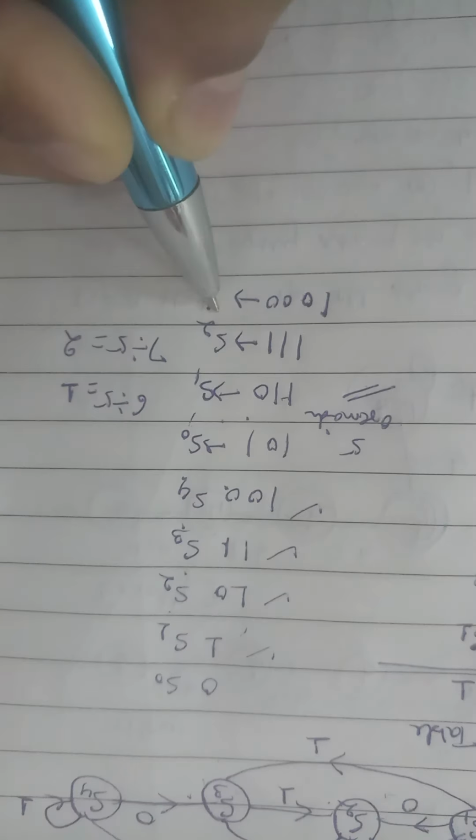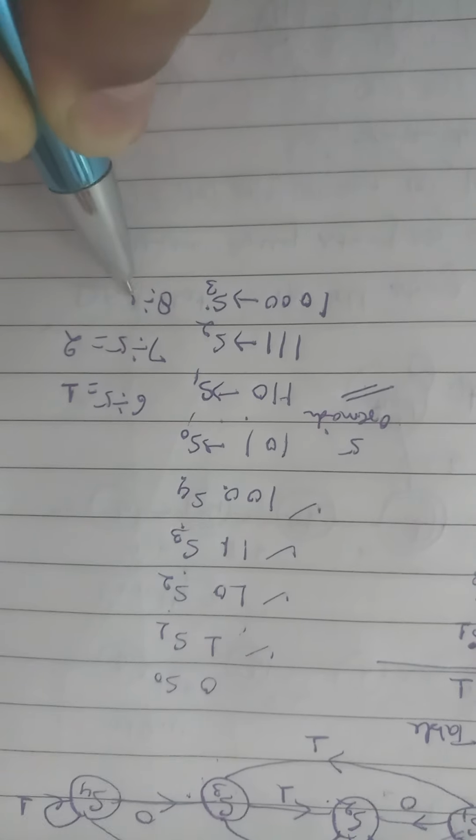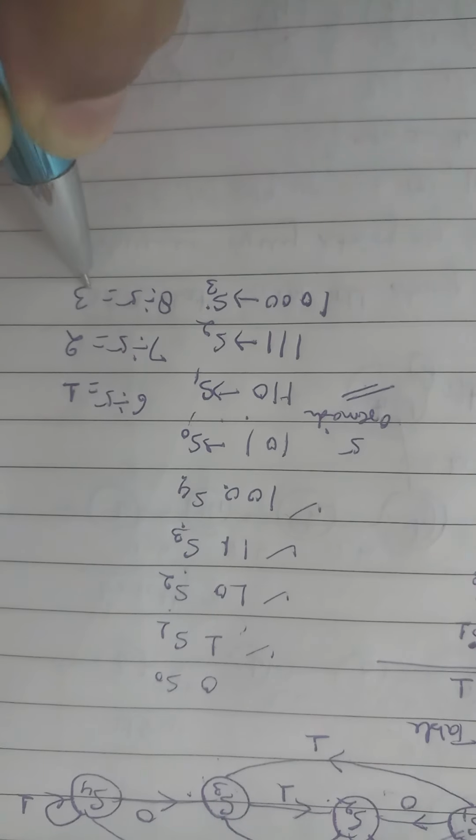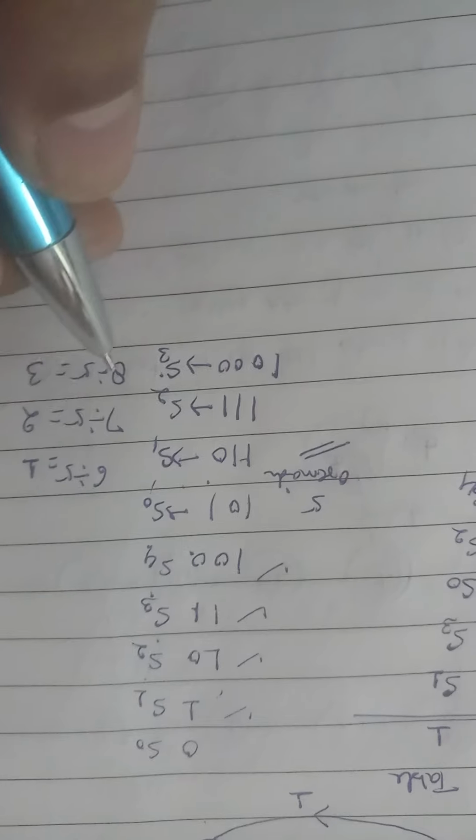So this is S3. So this is 8. 8 divided by 5, what remainder are we having? 3. So we are reaching on S3.